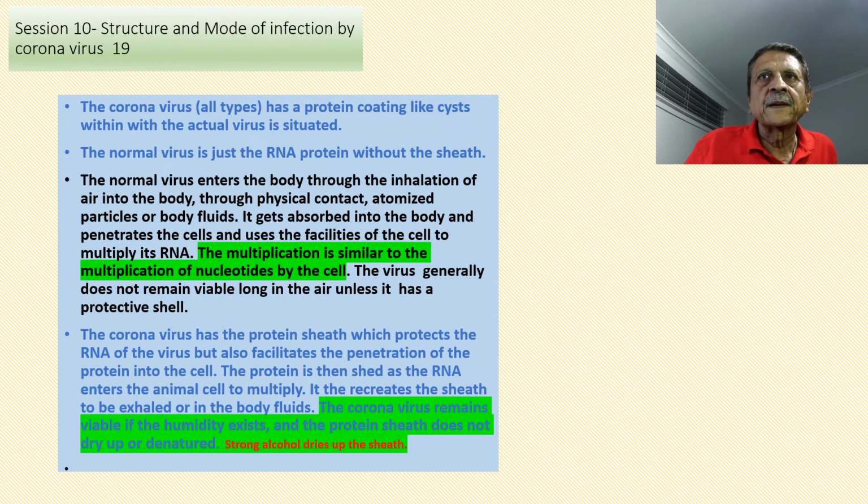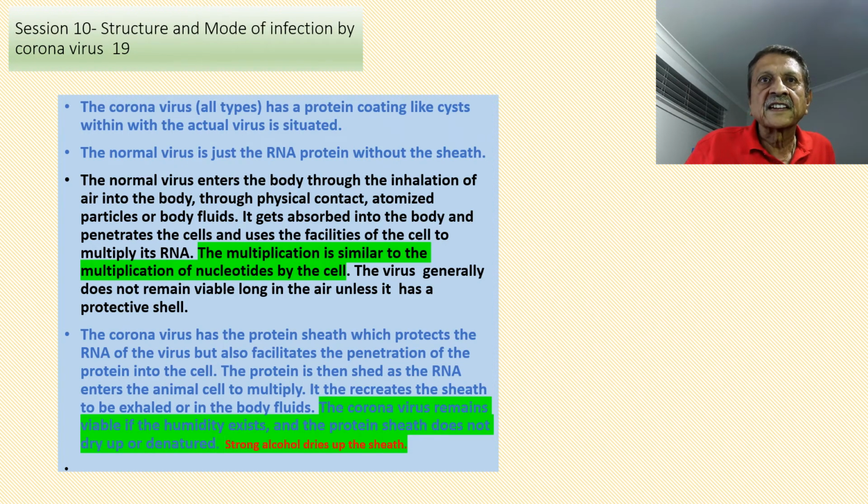RNA. The multiplication is very similar to the multiplication of nucleotides, cells, etc. of the human cell or animal cell. The virus generally does not remain viable in the air for long unless it has a protective shell, which lengthens its activity time.